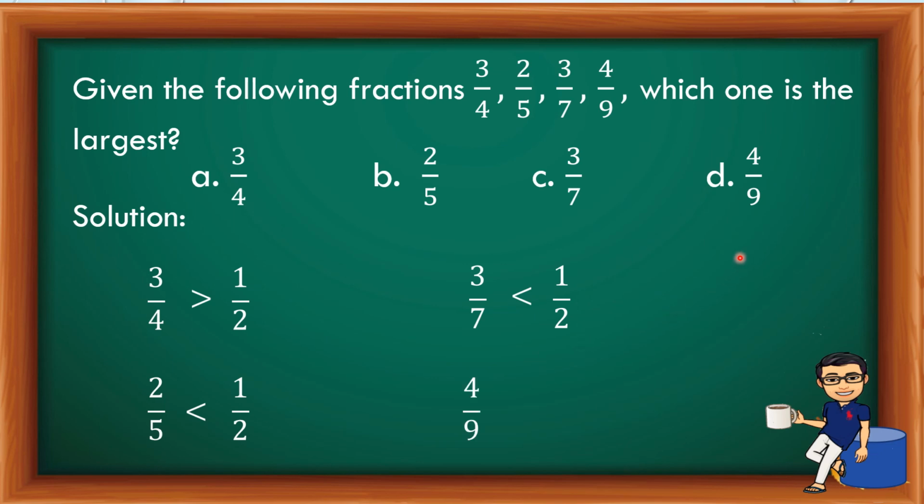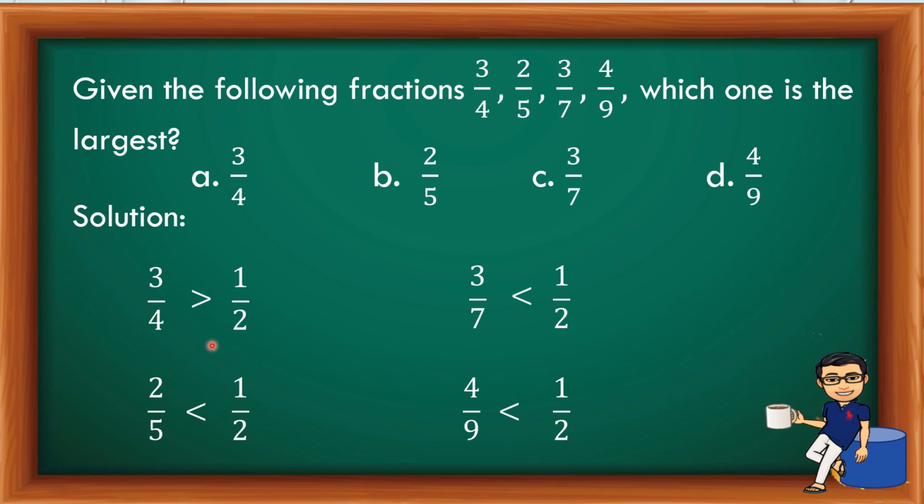And for the last, 4/9, compare it to 1/2. From the numerator here, 4 times 2, that's 8. And 1 times 9 here, that's 9. 8 is less than 9. Therefore, 4/9 is less than 1/2. We compared all of the choices. Then we will try to have our conclusion.